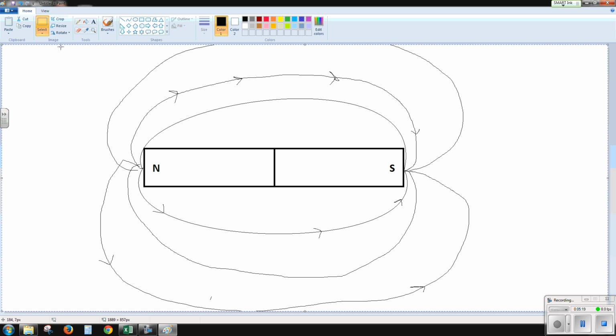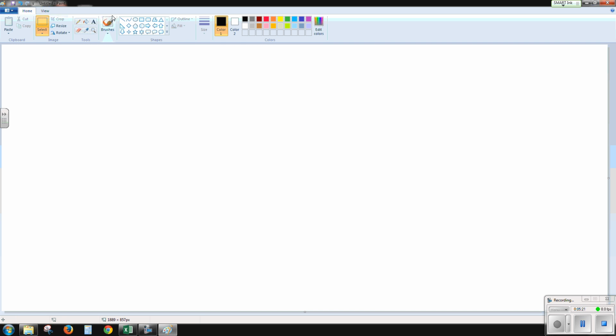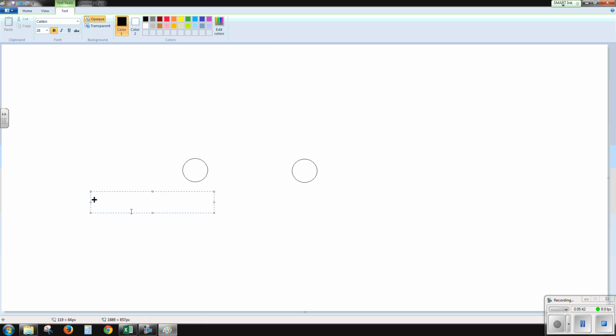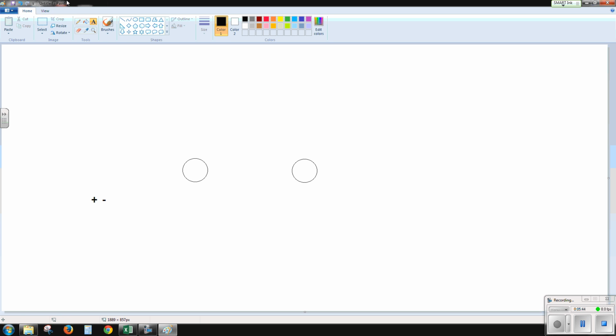Now, when you talk about the electric fields, we generally talk about objects that have some charge. We model them as little spheres. And it makes it really nice to model them as spheres that have no real diameter.